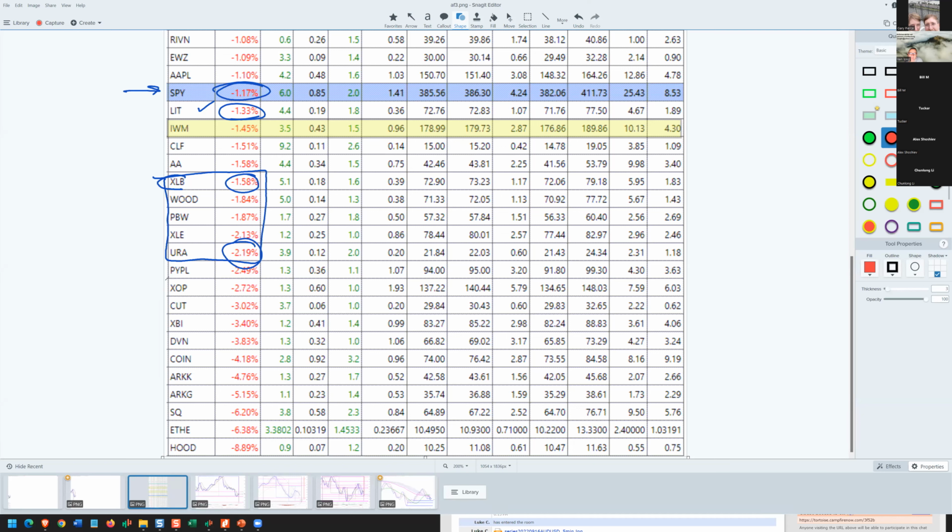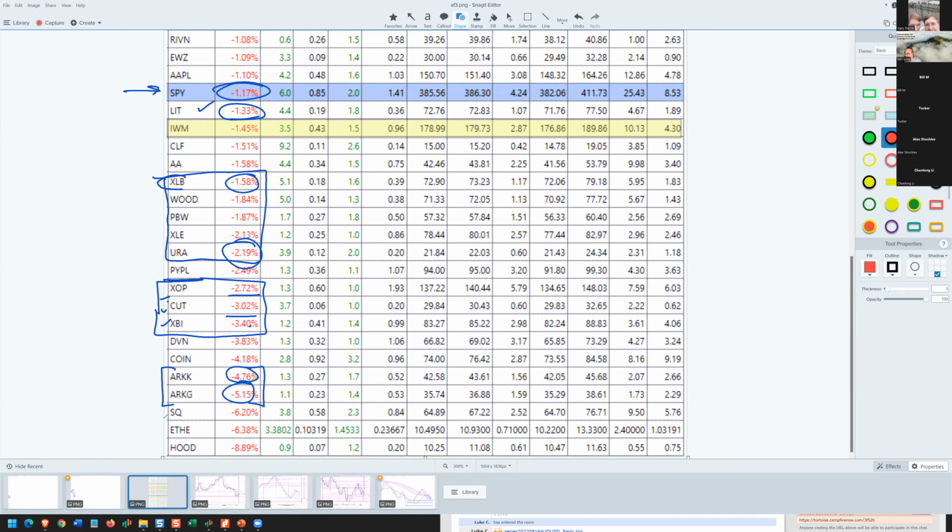Then you have oil exploration, the other lumber, biotech from 2.7 to 3.4. You have both ARKs, which were strong yesterday but got slaughtered today, 4.7, 5.1.